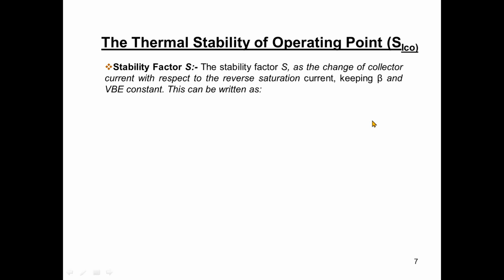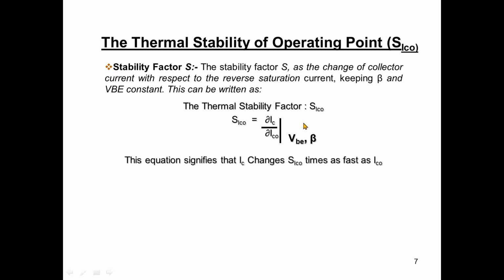That can be represented as S, that is SICO, the thermal stability factor, which is equivalent to ∂IC/∂ICO, where the values of VBE and beta remain almost constant. This equation signifies that the collector current changes with respect to ICO, SICO times as fast as ICO. That is what this equation depicts.